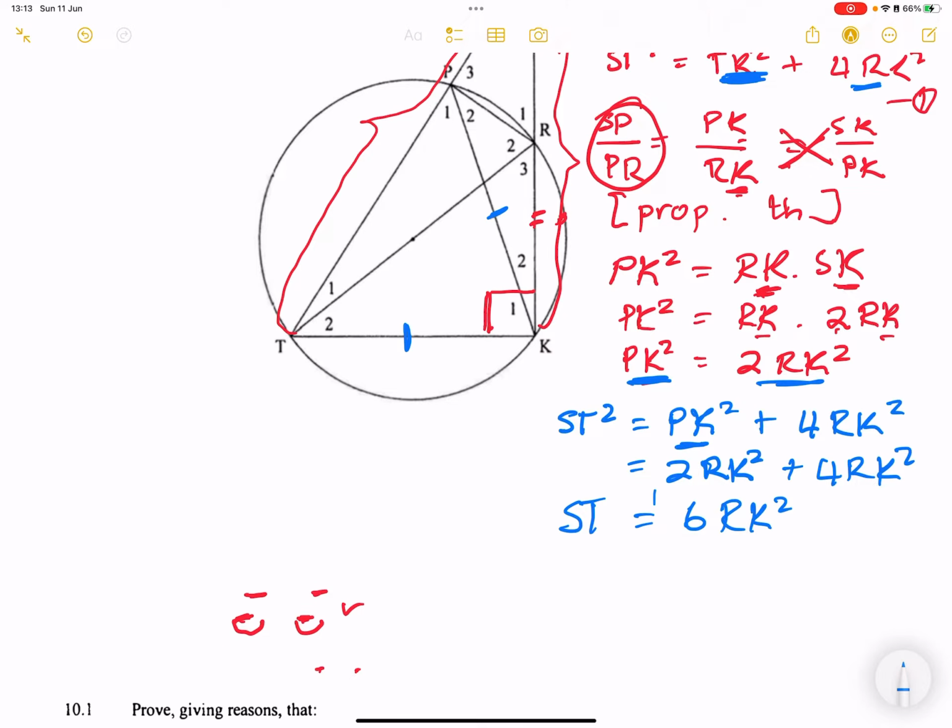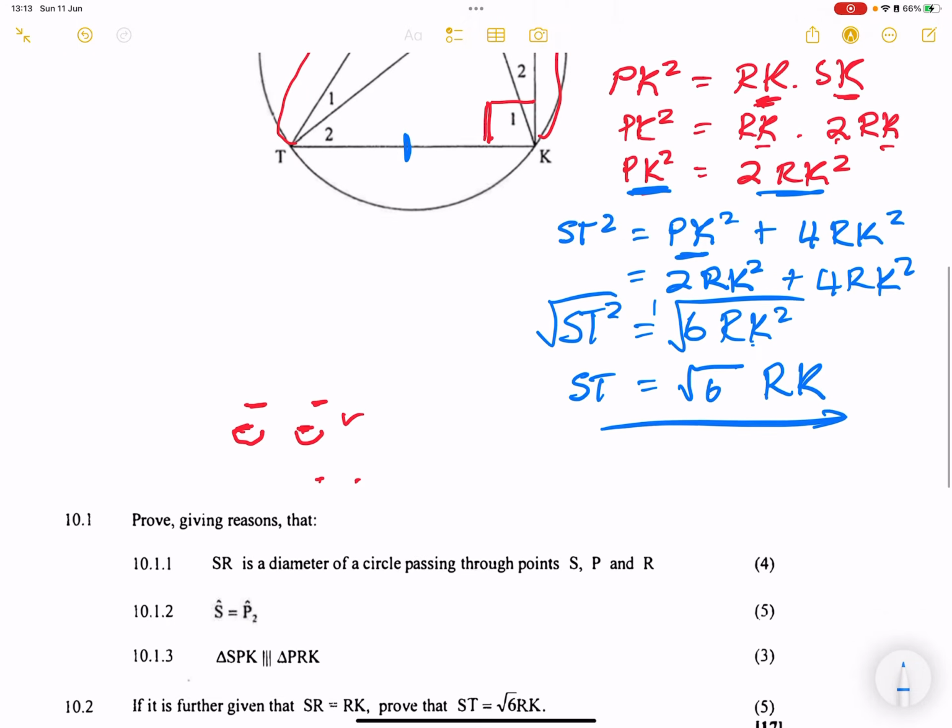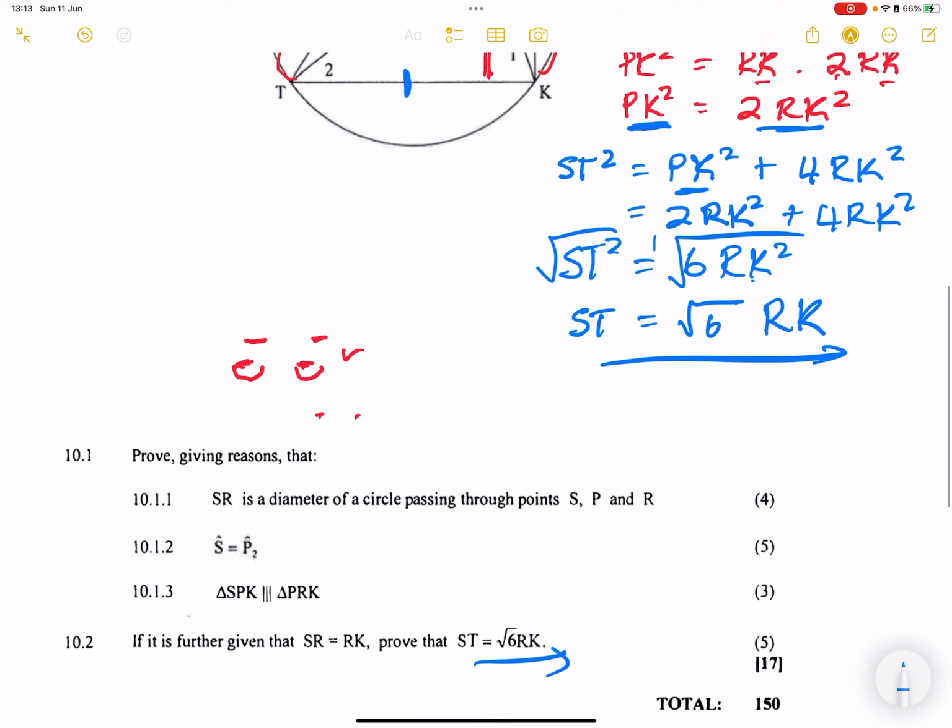So ST squared is that. If I want to find ST, take the square root on both sides: the square root of 6RK squared. The square root of RK squared gives us RK. And that, ladies and gents, is how we prove that part.